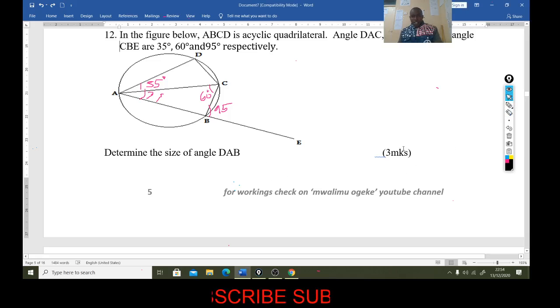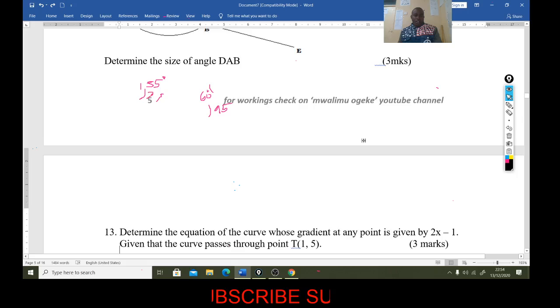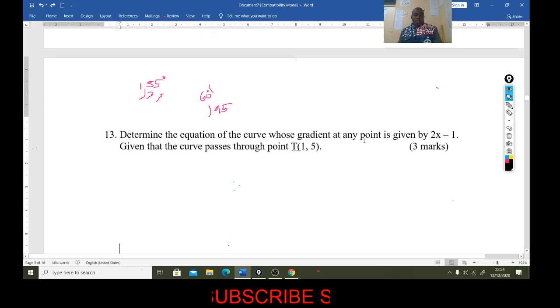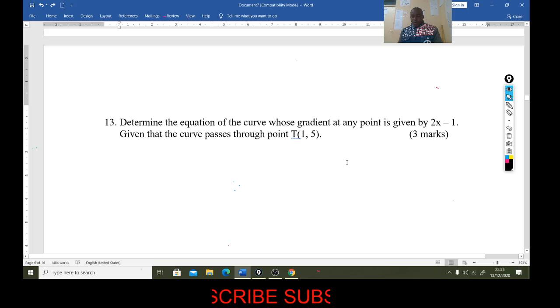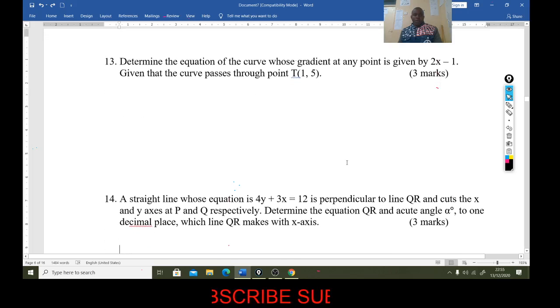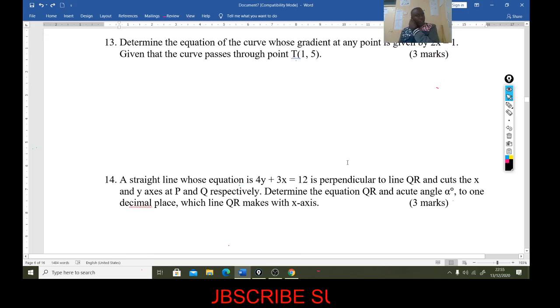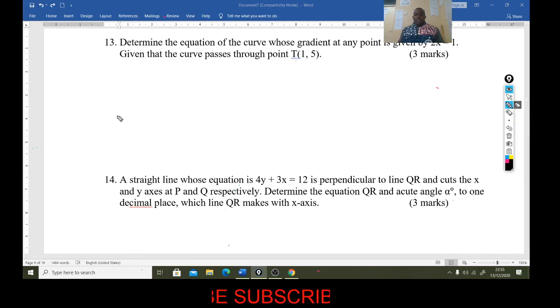Now question number 13, we are asked to determine the equation of the curve whose gradient at end point is given by this.